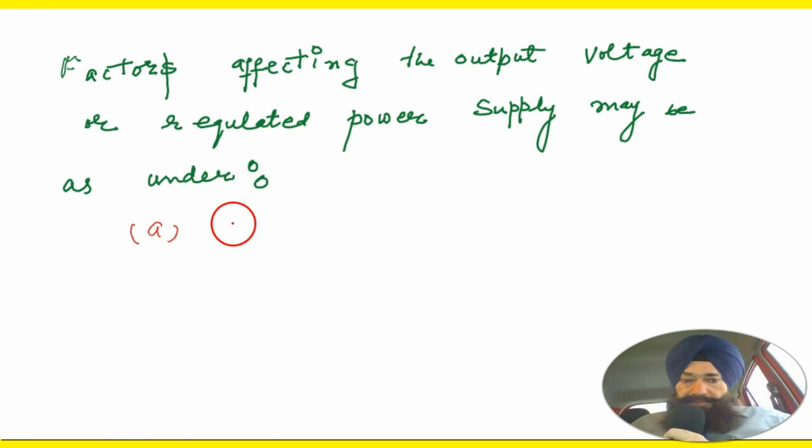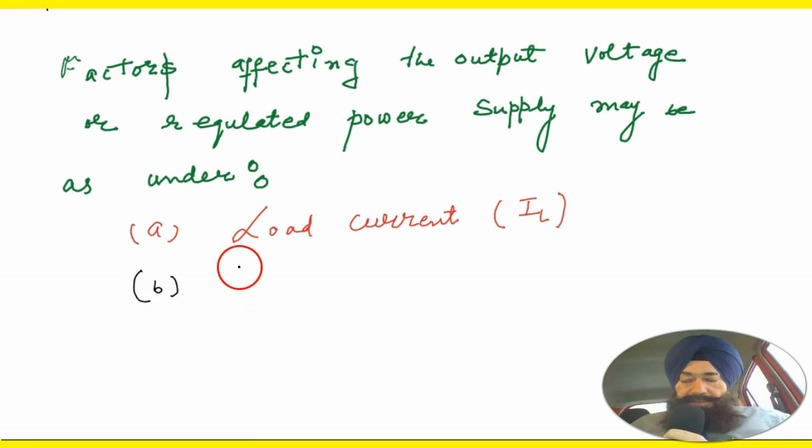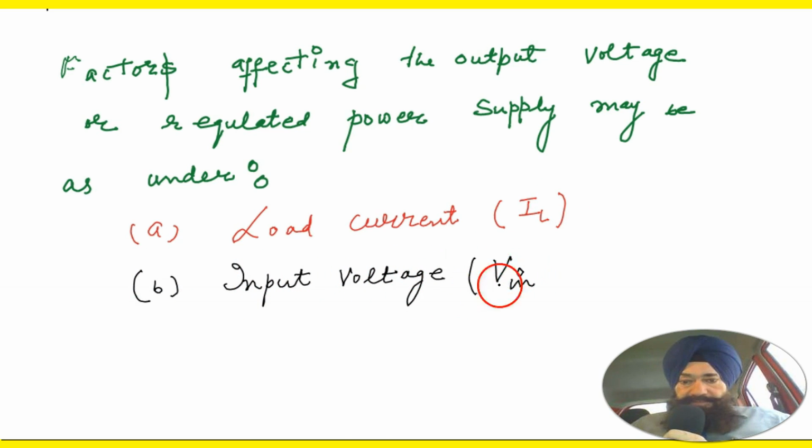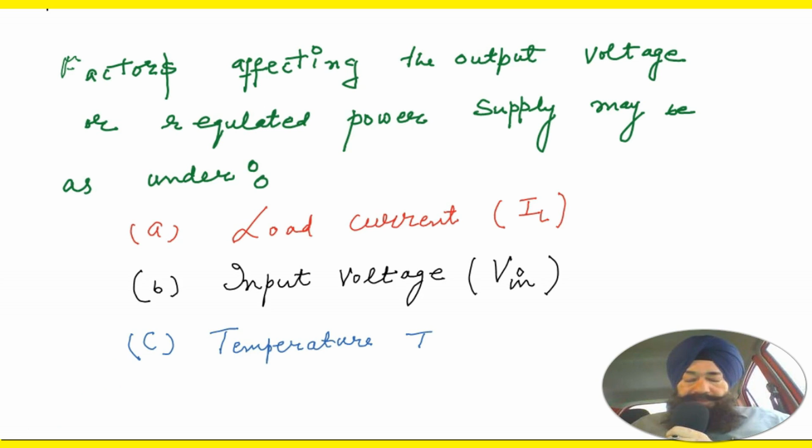These are: number one, load current. That means if we change the load, it may affect the output voltage. Second, input voltage variation. If there is variation in the source, then it affects the output voltage. And the last factor is temperature. It also affects the voltage regulation.